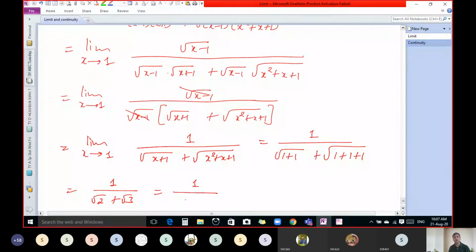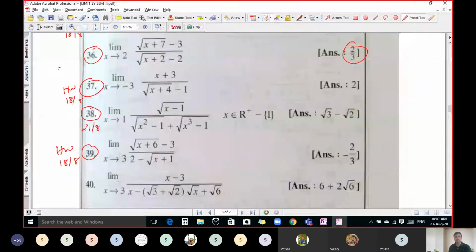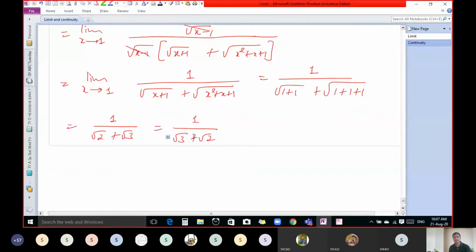Or you can write 1 upon root 3 plus root 2. It's one and the same thing. So this is our final answer, 1 upon root 2 plus root 3 or 1 upon root 3 plus root 2. Now if we see the answer given, it is root 3 minus root 2. Either you can write this or this, it is considered your final answer.